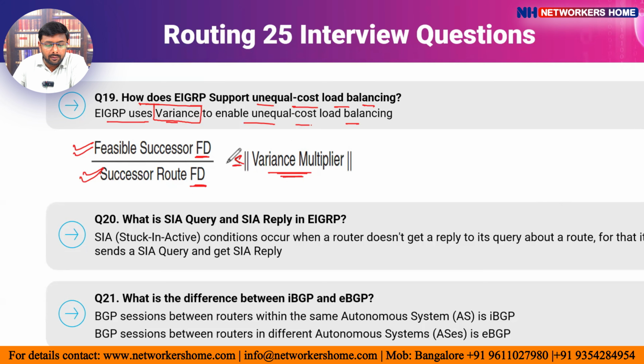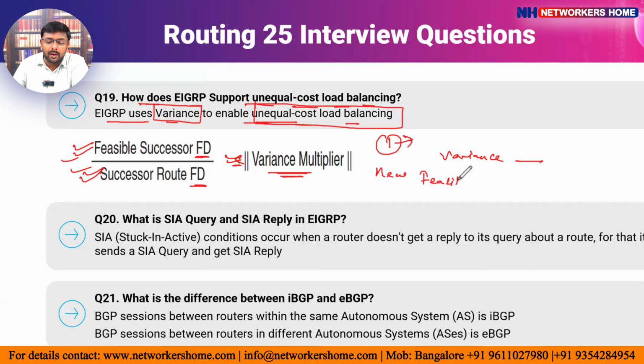Whatever number we get, we implement with the help of one command, variance, and here we add the multiplier that we have got. Based on that, it does unequal cost load balancing. Based on this formula we will get a new feasible distance, and based on this new feasible distance we will have multiple backup paths. For that, it does unequal cost load balancing.